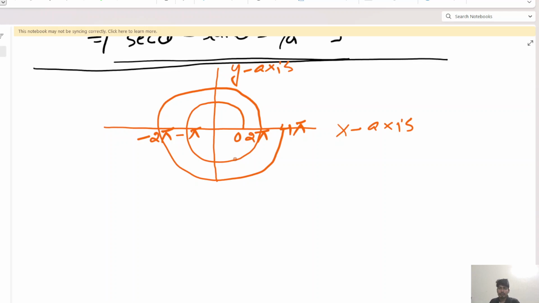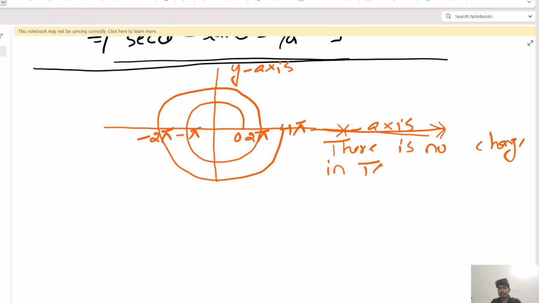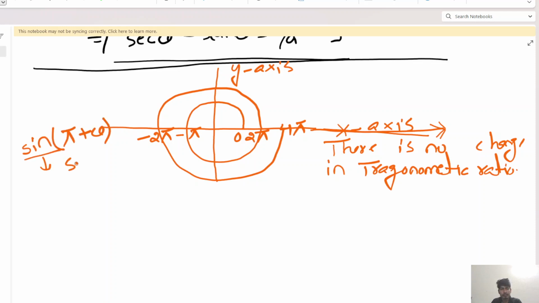Then on the x-axis, the main thing to show is there is no change in trigonometric ratios. When we take sine of pi plus theta, this does not change, sine remains sine. Whatever the angle, it remains sine on the x-axis. Here sine of pi minus theta.